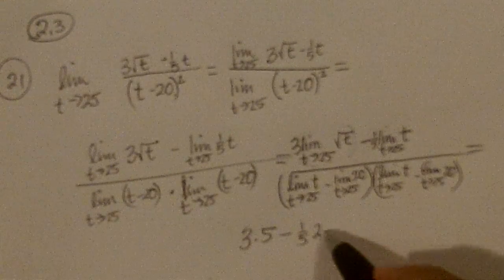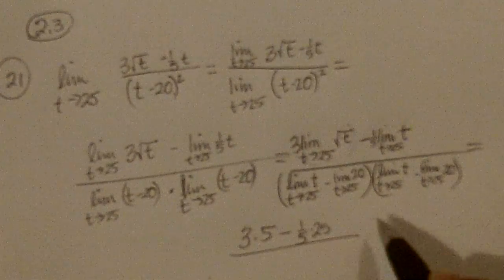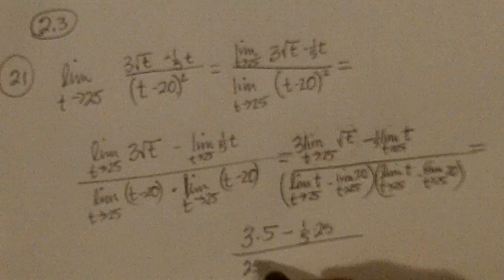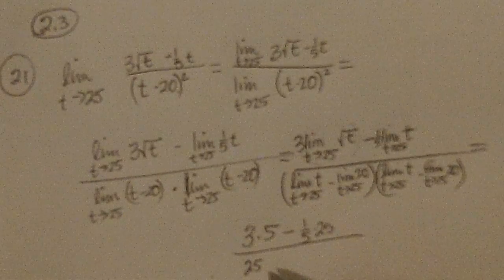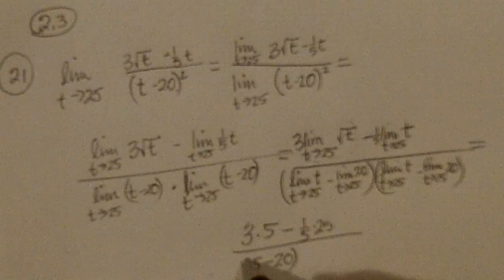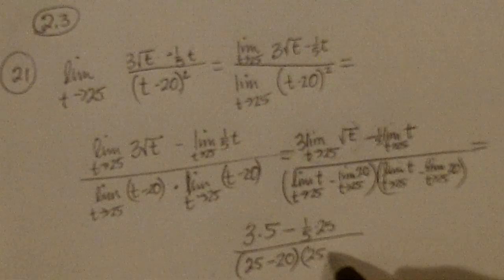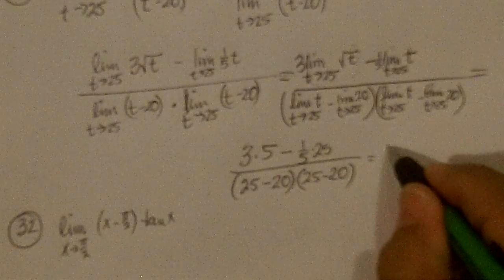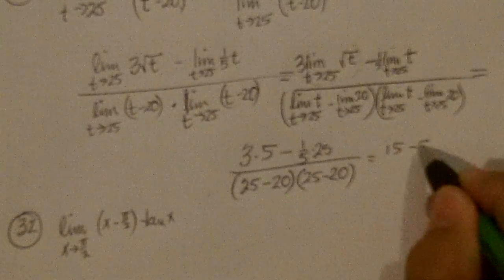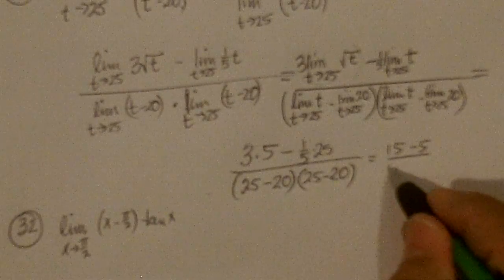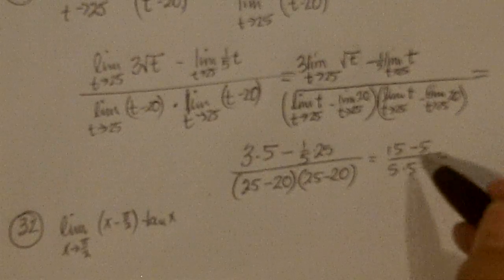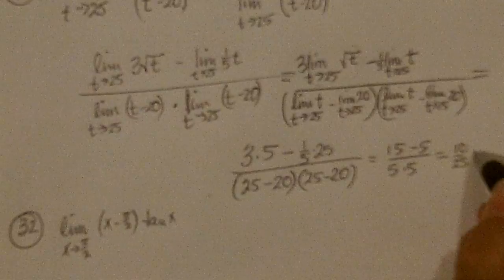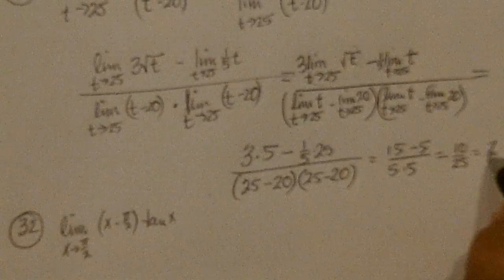That's going to be 25 over, and this becomes the limit of t as t goes to 25 is 25, minus 20 stays 20, so that minus 20 times 25 minus 20, and so we get 15 minus 5 over 5 times 5, so that's 10 divided by 25, or 2 divided by 5.